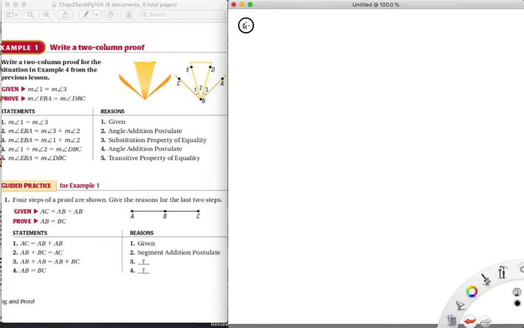They give us points A, B, and C. They tell us it's given that AC is equal to AB plus AB.